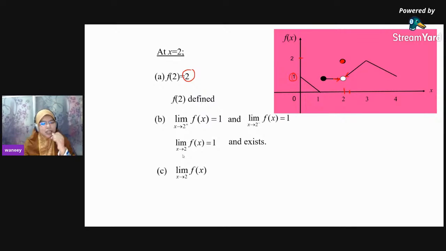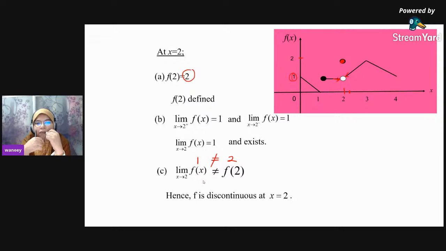So basically, the limit for x approaching 2 for f(x) is not equal to the value of f(2) because this value is 1, this value is 2. They are not equal. Therefore, we can say that f is discontinuous at x equal to 2. So it is also not continuous at x equal to 2.